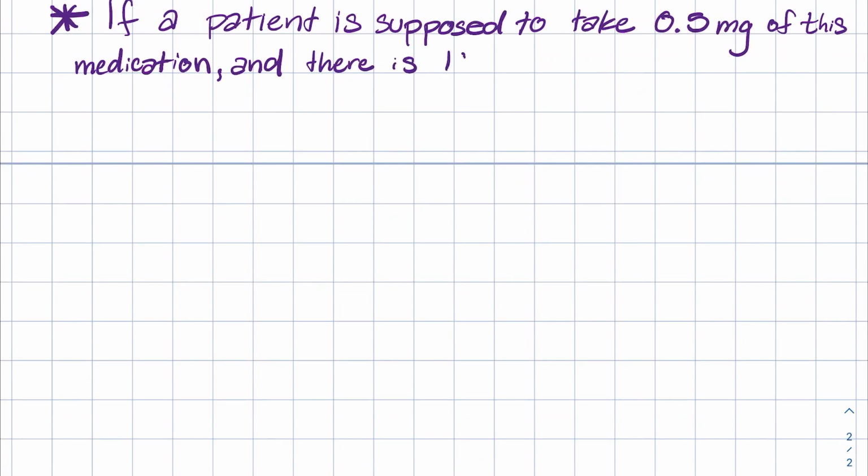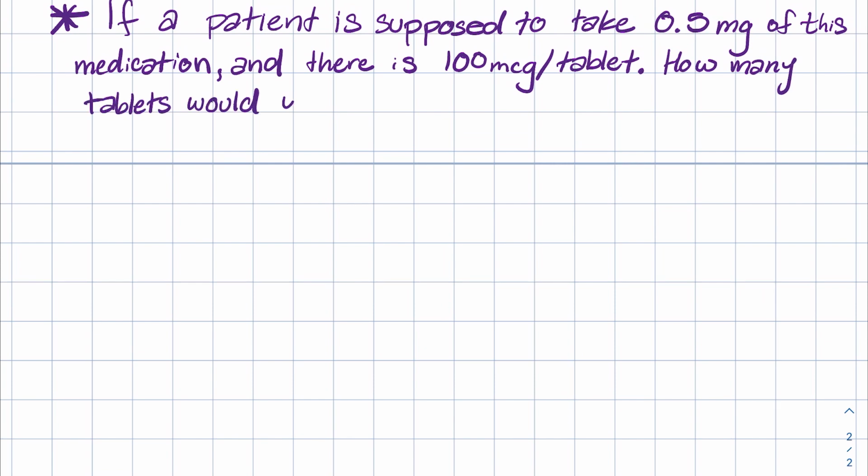Now, onto our word problem. So now we're going to get into dosing. So let's say a patient is supposed to take 0.5 milligrams of this medicine, and there is 100 micrograms per tablet. How many tablets would you give the patient?